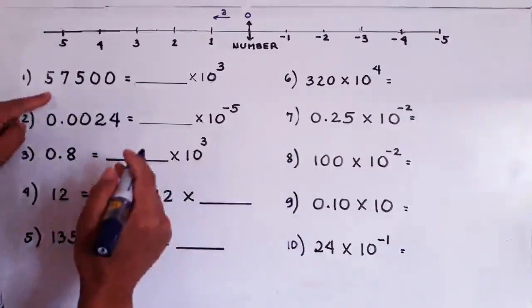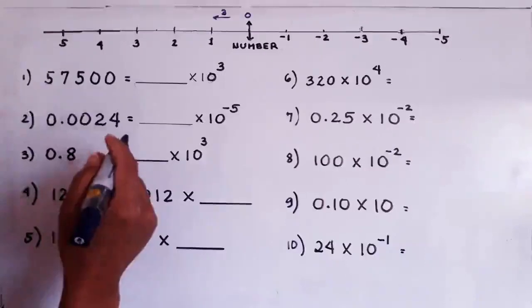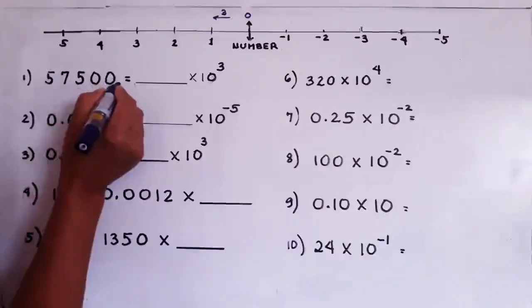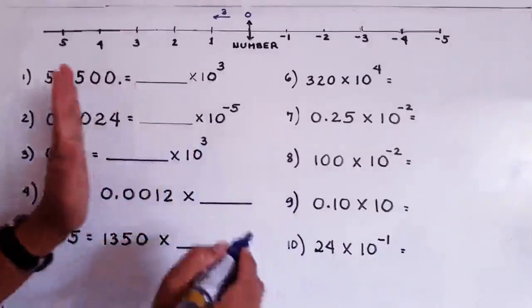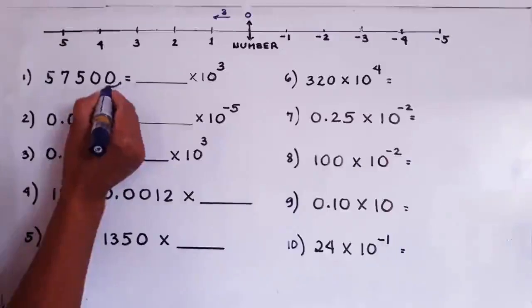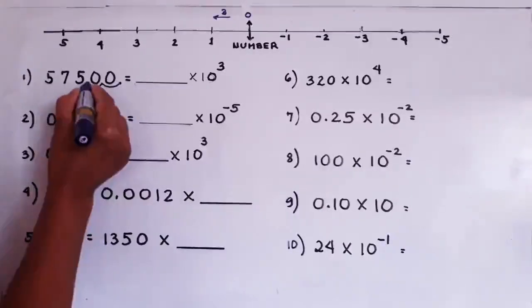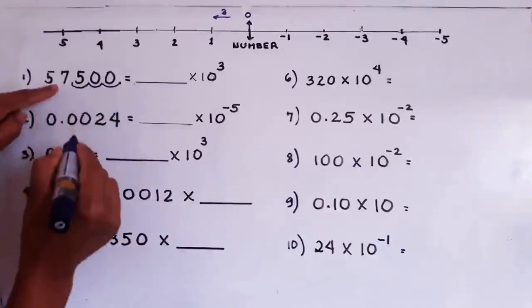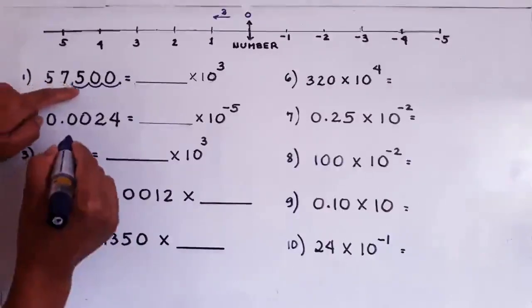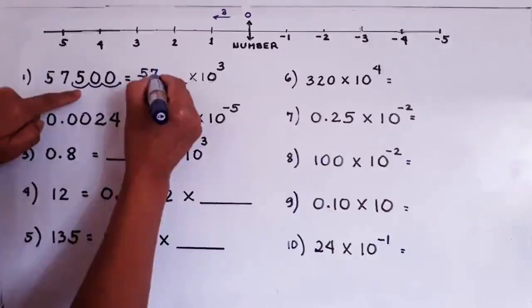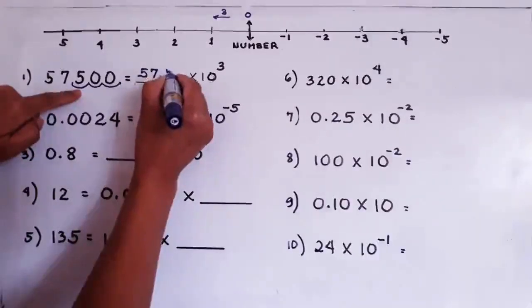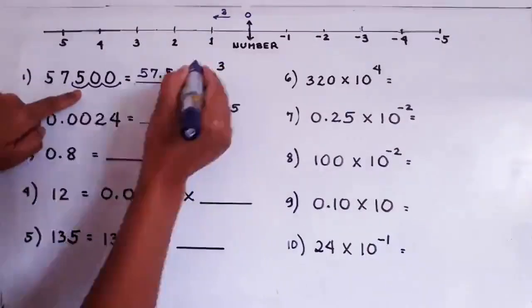But where's the decimal point of this 57,500? There is no visible decimal point, so the decimal point is there. Then let us move that one 3 to the left: 1, 2, 3. So it will be 57.5. So we write here 57.5 times 10 to the third power.